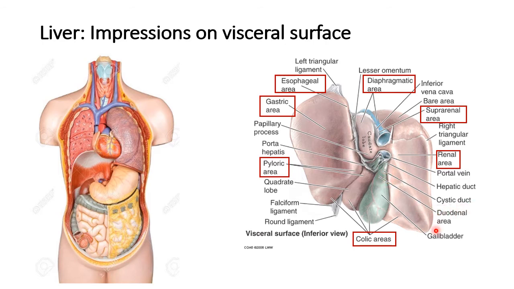This one is not highlighted, but it's one of the impressions. Okay. Now also be careful that this is a posterior view, so you will see the left side on this side, but it's not. This is right, and this is left. On the liver, this is left, and this is right. So stomach, pylorus, and duodenum.